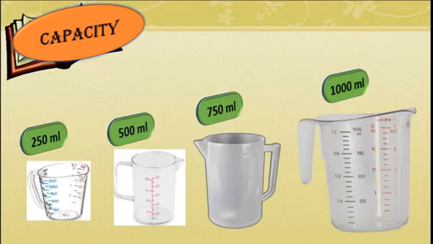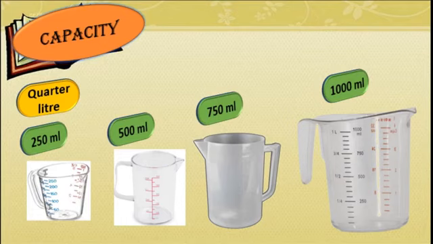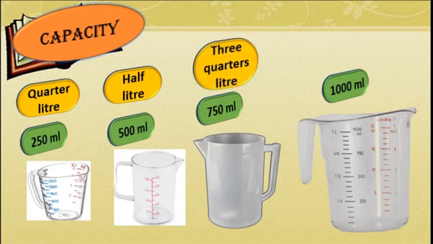Now 250 ml is nothing but a quarter liter and 500 ml is half liter. 750 ml is nothing but 3/4 liter, and 1000 ml is equal to 1 liter. Got this, students? We get half liter milk, half liter bottles of cold drinks, or 200 ml cold drinks, right?